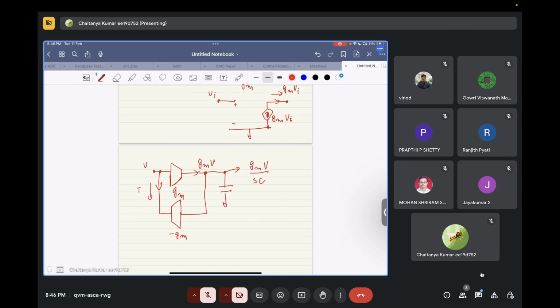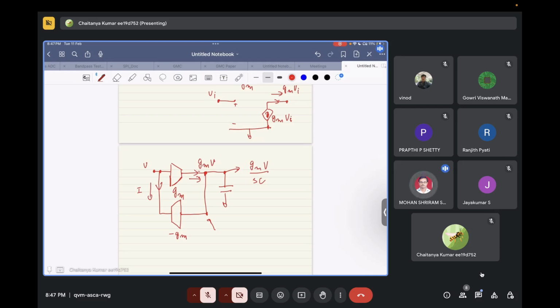What is the input voltage for this transconductor? Gm V by SC is the input voltage to the transconductor.